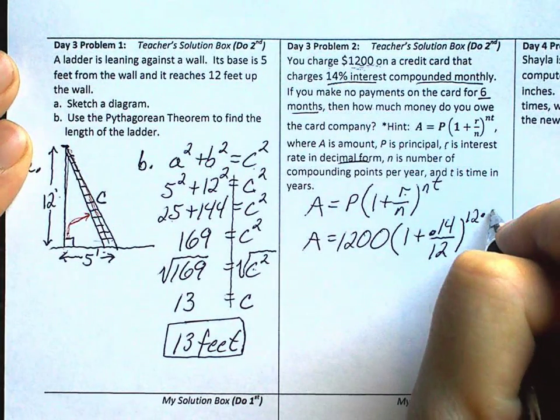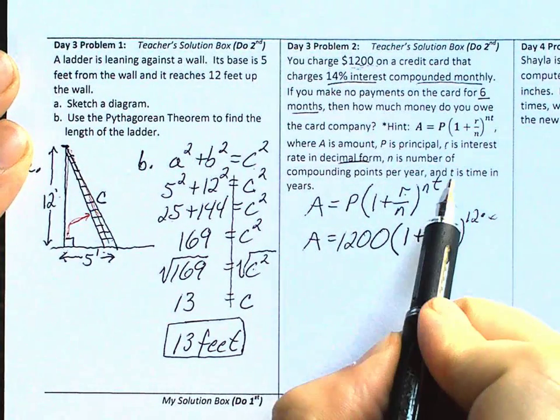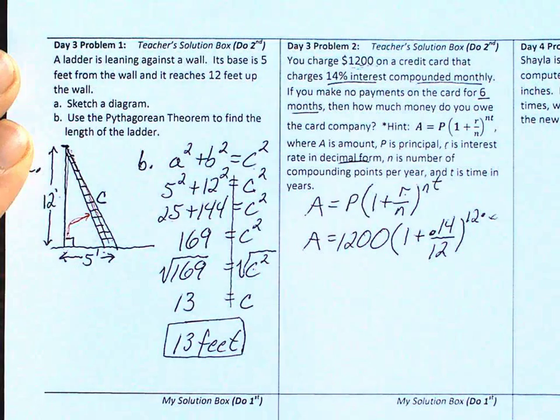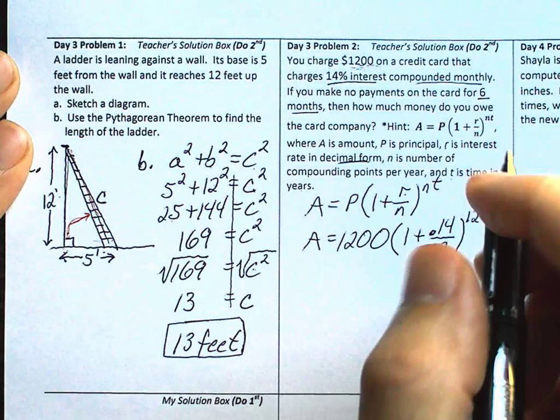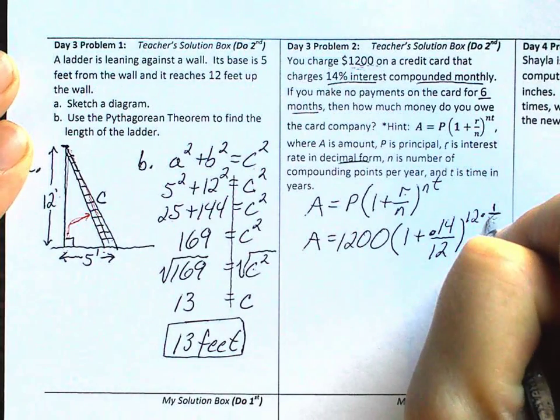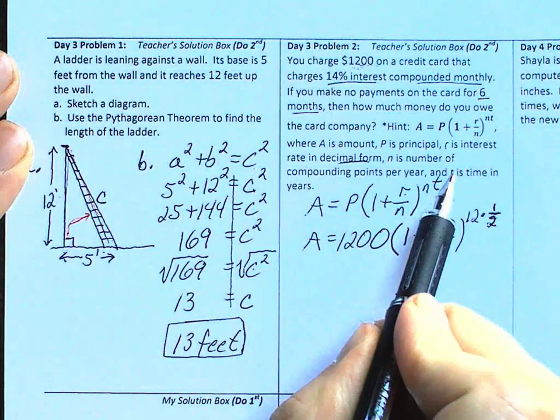But we're not going to just put a 6 here because the letter T is time in years. So we need to put in a number that's equivalent to 6 months, but measured in years. So 6 months is the same as how many years? 6 months is half of a year. And so I'm going to put in the number 1/2 for T.